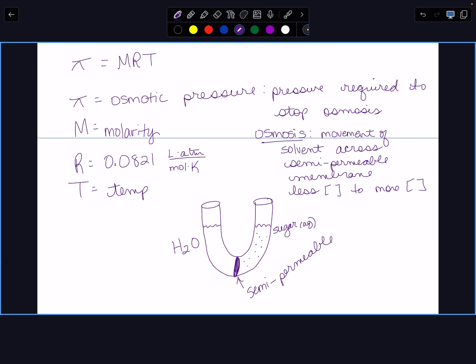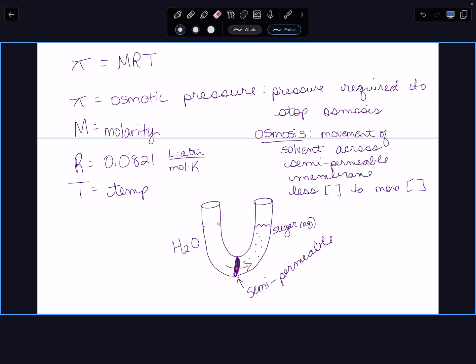The system wants both sides to be the same concentration. So water molecules are going to move that direction, trying to dilute that sugar so that there'll be equal concentrations on both sides. It can't dilute it enough, but the water is going to cross the membrane.